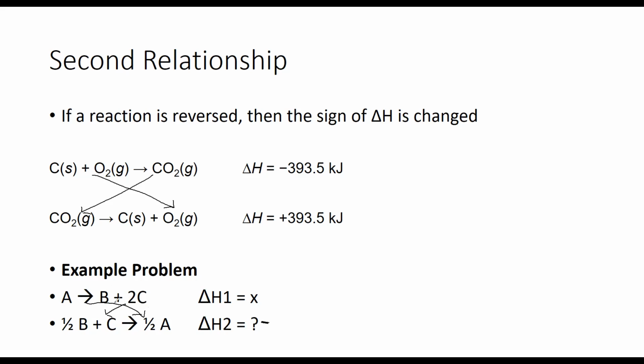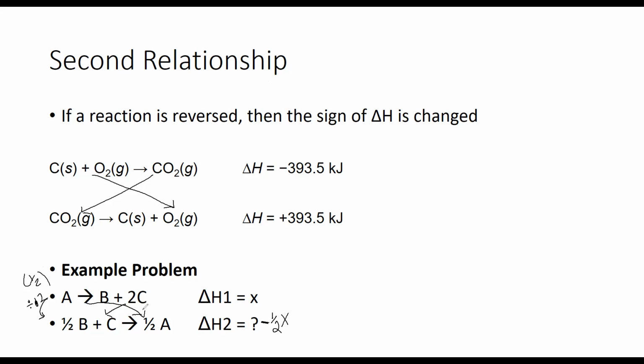And we took this and we divided it by 2. So 2C became 1C. 1B became 1/2. So this should be negative 1/2 X. Because you can either think of it as dividing it by 2 or multiplying by 1/2. Either way.